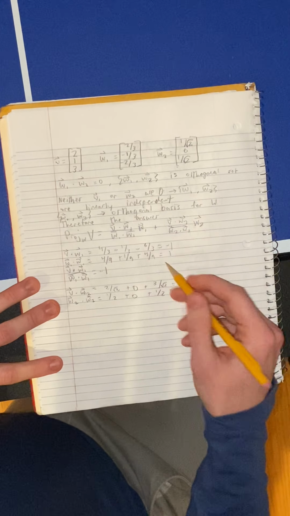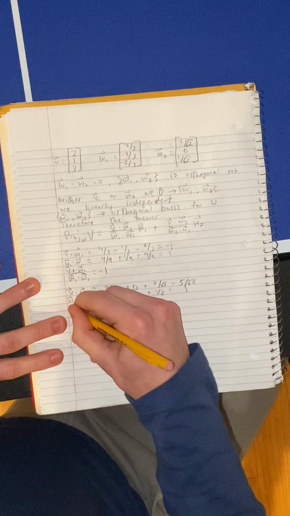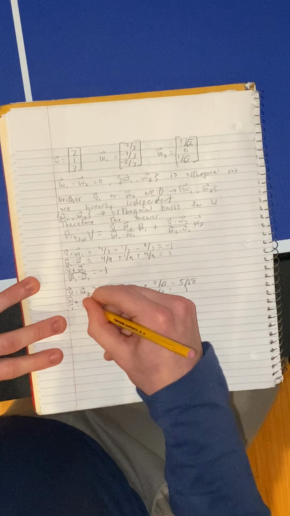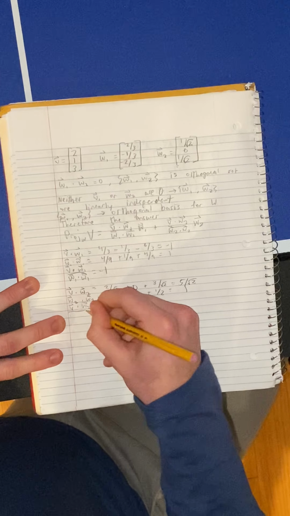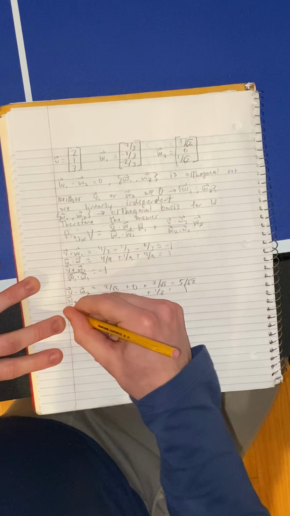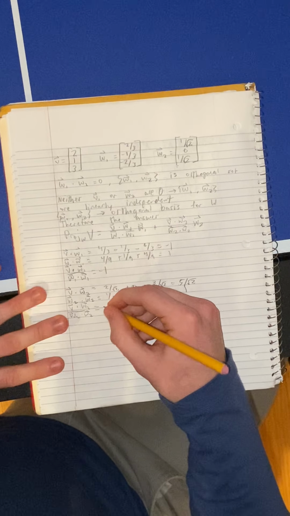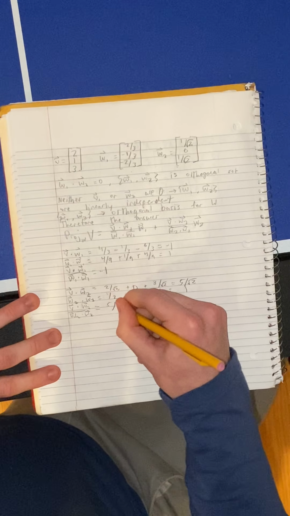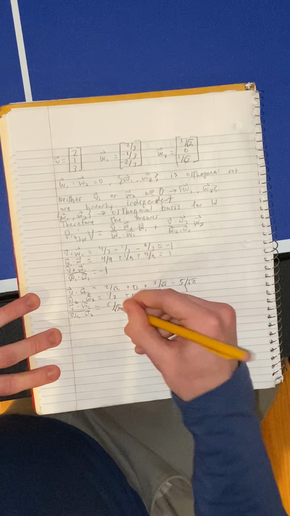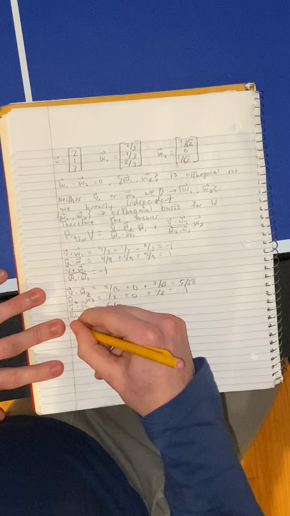And then V dotted with W2 over W2 dotted with W2 is just equal to 5 over root 2.